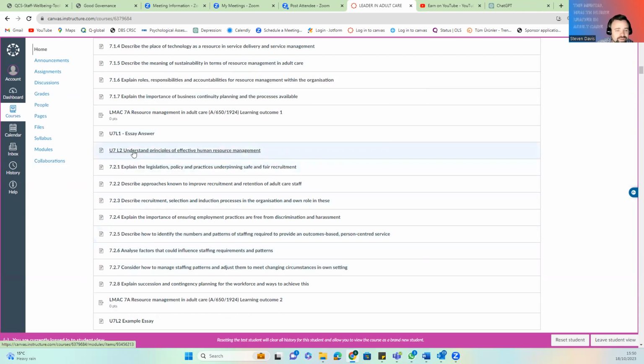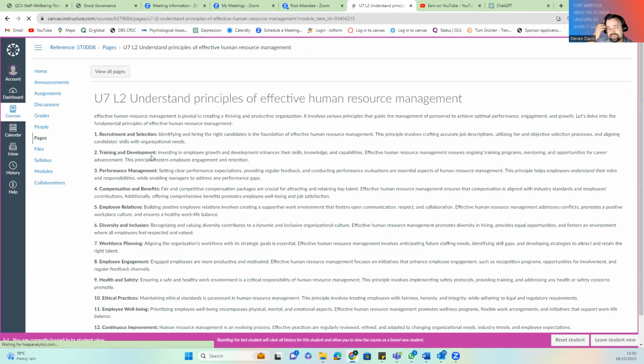Lovely. Now let's have a look at understanding principles of effective human resources. So, understanding the principles of effective human resourcing, or HR, we need to look at the process. So the process for human resourcing is recruitment and selection. So identifying and hiring the right candidates.